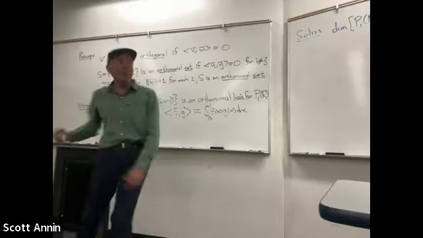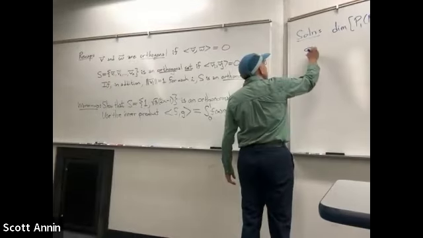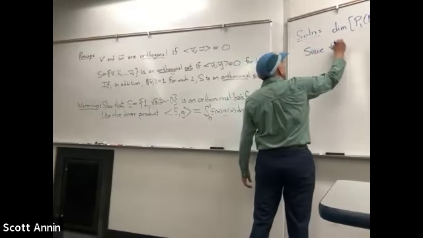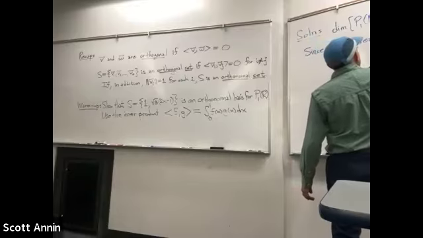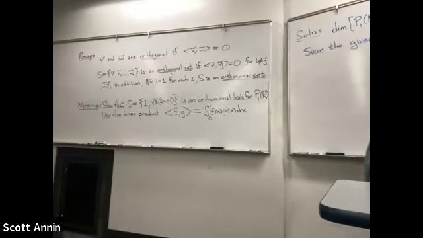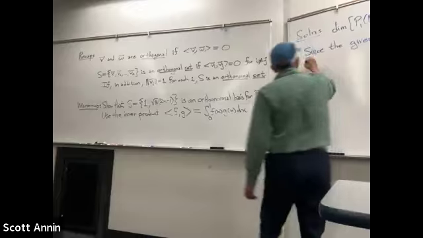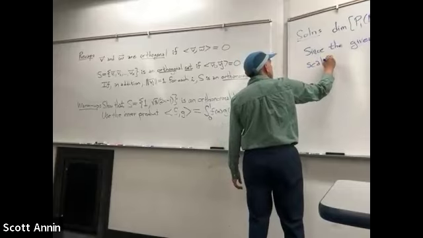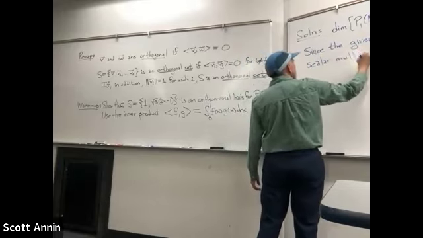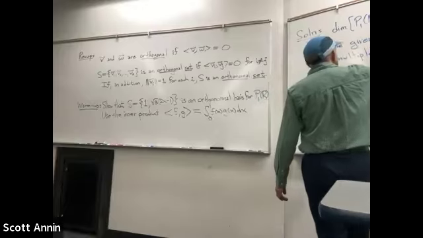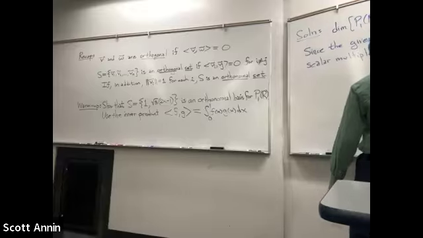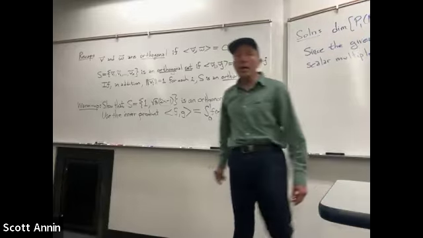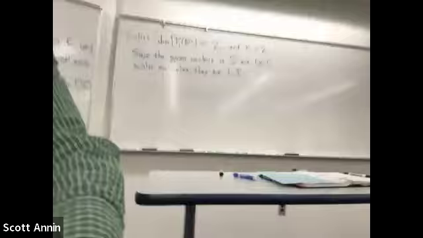They're not scalar multiples. So I'm just going to say, since the given vectors in S are not scalar multiples, and there's only 2 of them, then therefore they are LI.